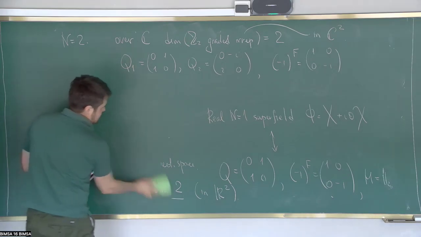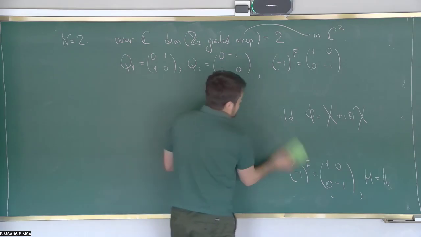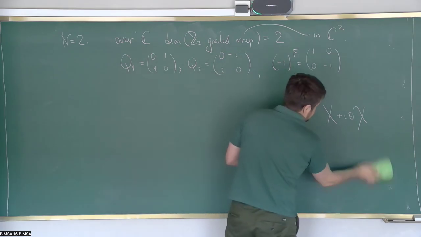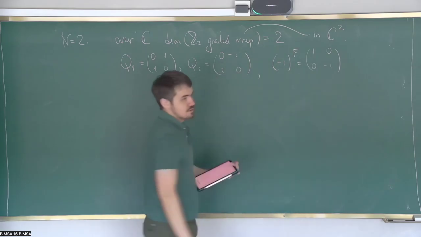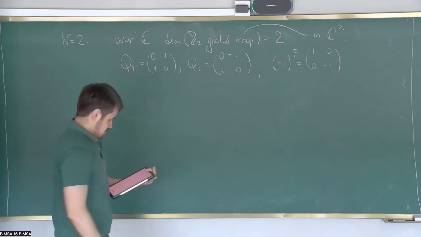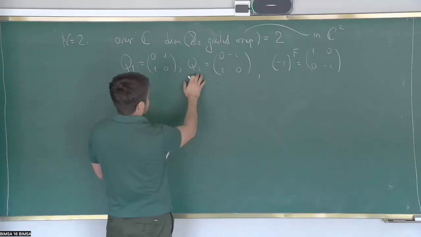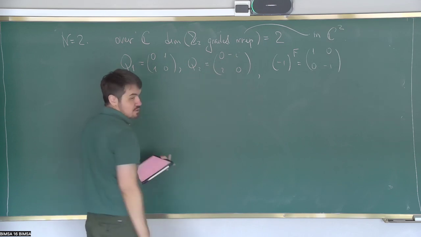We may ask though if this can be as well thought of as a representation in R2. If we can actually represent our real Lie algebra in a real two-dimensional space. Of course, naively, this is not so because this Q2 is a complex matrix.